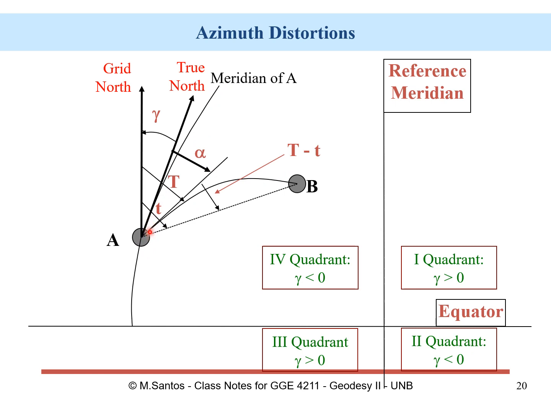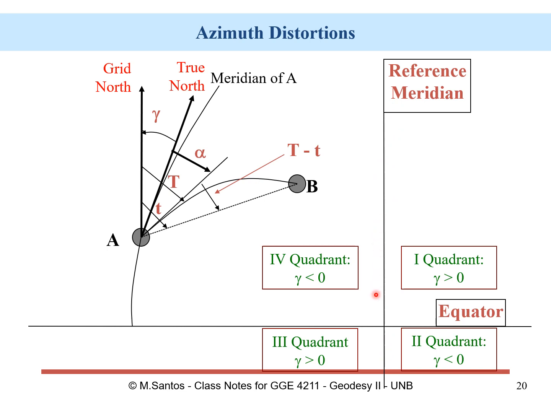We have to realize that the distance between the 2 points is the distance on the reference ellipsoid. This is geodesic. The shortest distance between the 2 points is projected as a curved line. And this curved line is convex towards a reference meridian.